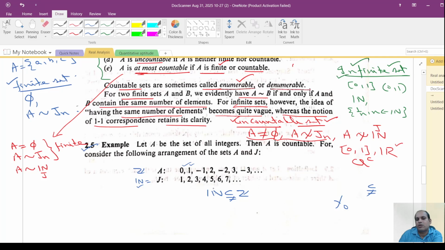So the cardinality of the set of natural numbers is aleph naught, as well as that of the set of integers, despite N being a proper subset of Z. So to show that N is similar to Z, we will try to establish at least one bijective map. We need to show that there exists at least one bijective map between N and Z.